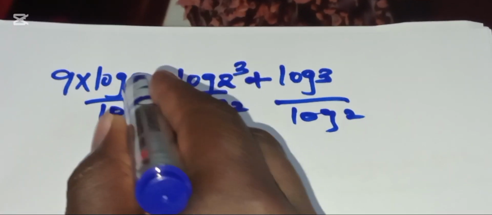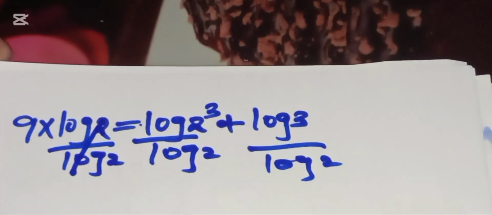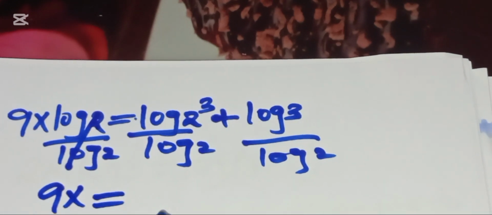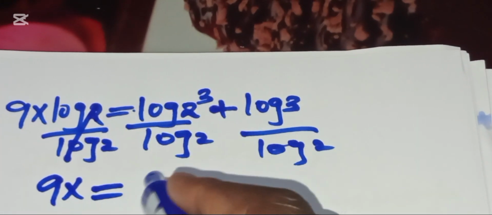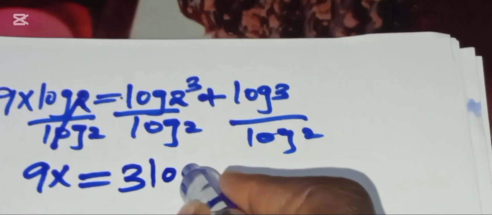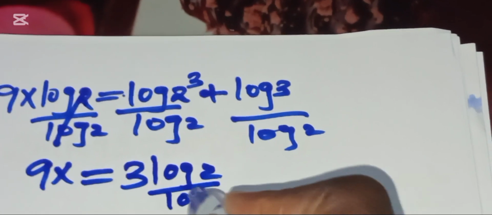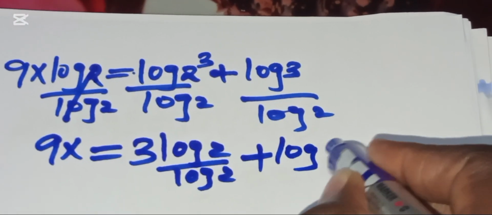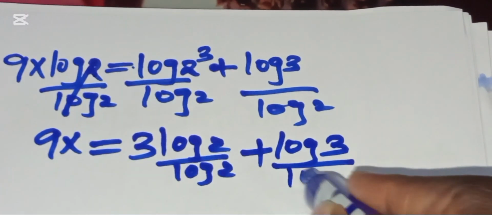Now let's simplify. You're going to have 9x, which is equal to log 2 to power 3, which is the same as 3 log 2 divided by log 2, plus log 3 divided by log 2.